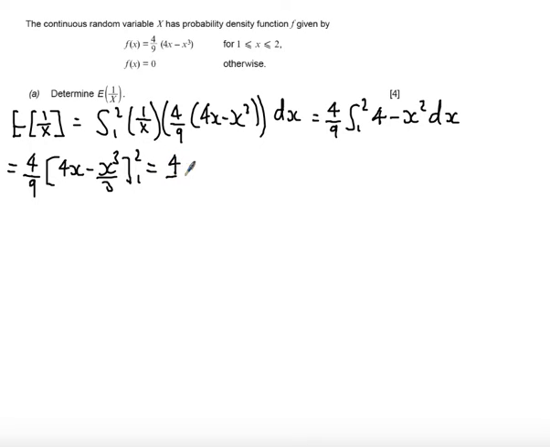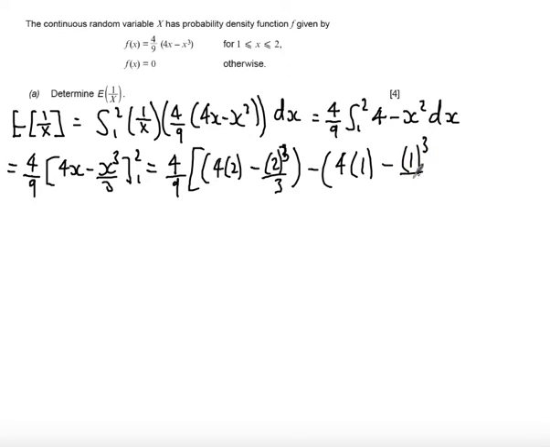So at this point, show my substitution, so that we have 4 times 2 minus 2 cubed over 3 minus 4 times 1 minus 1 cubed over 3. Okay, and at this point we've shown all the work and showed the integration, shown the substitution. All we have to do is evaluate, and if you do so carefully on your calculator you should get an answer of 20 over 27.